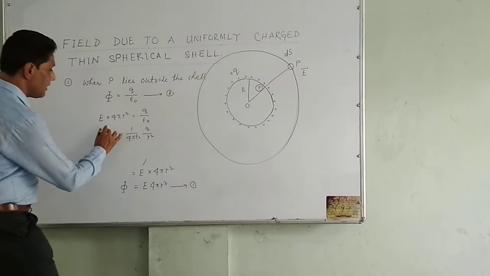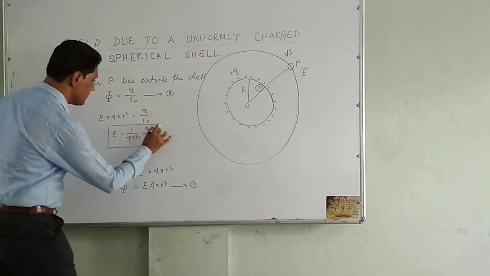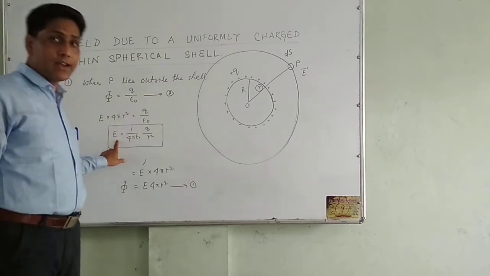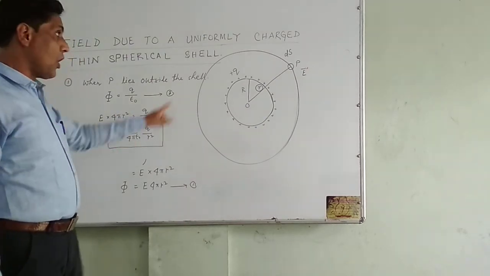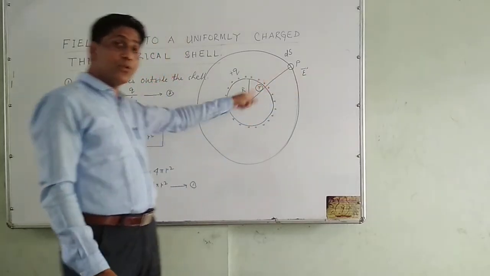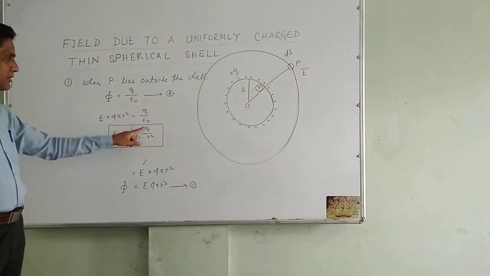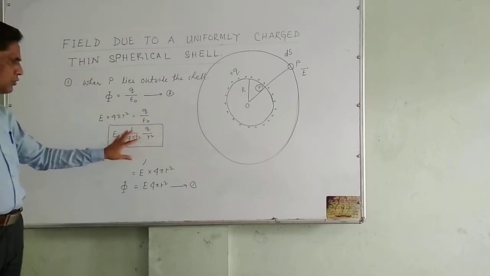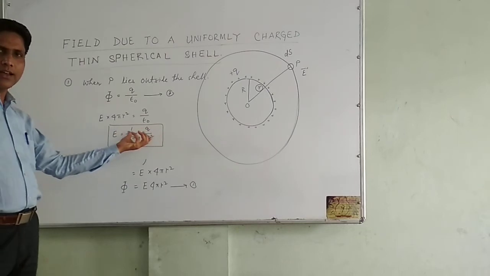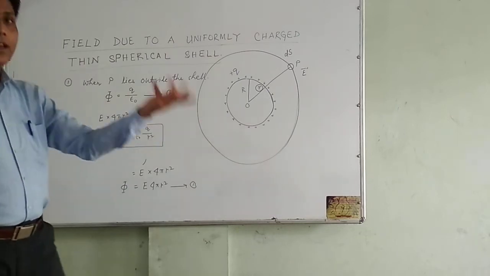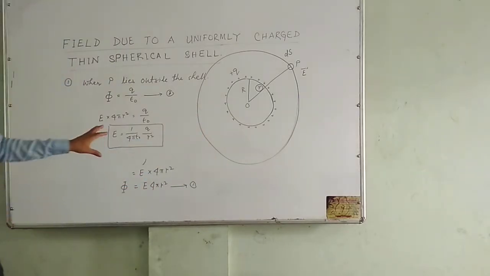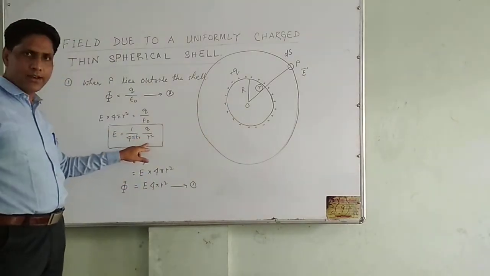So this is the result. This is the strength of the electric field at a point outside the charged spherical shell and due to this shell. Do you recollect this kind of formula from earlier? It is similar to the expression of electric field due to a point charge, 1 by 4 pi epsilon naught Q by r square.